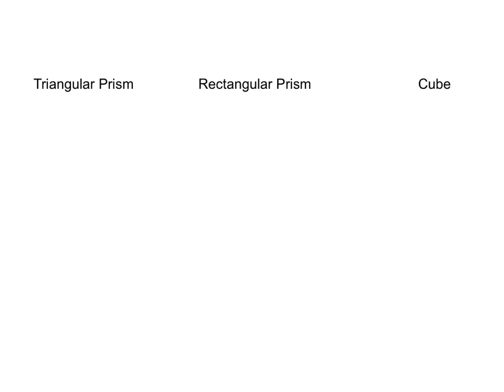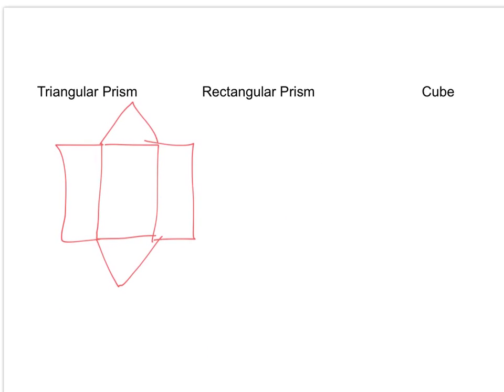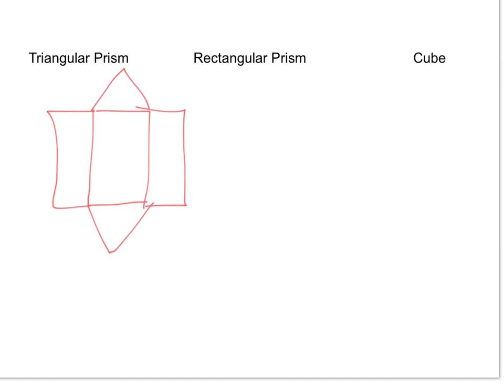Now, a triangular prism, if I was going to draw a net, basically that means I've got two bases that are triangles. Then I've got three sides. So that would be what a triangular prism looks like. A rectangular prism, you draw your two bases.